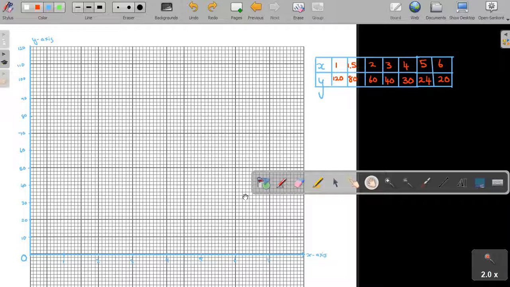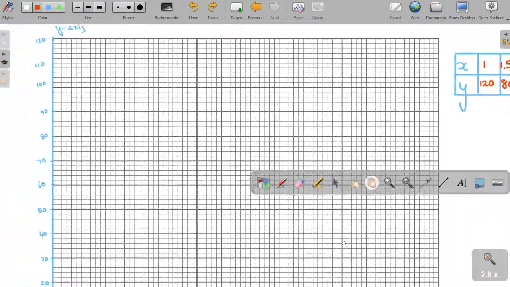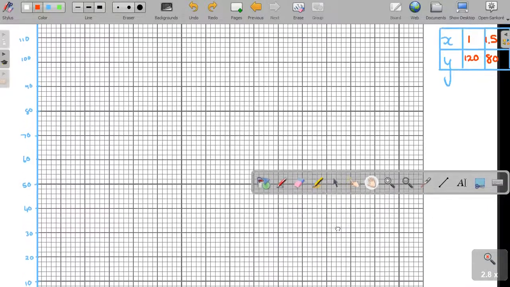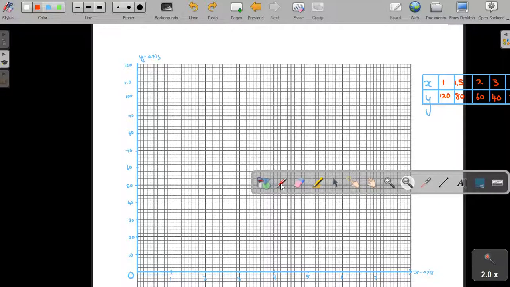So if I go and plot the points, take red, there is 1 and 120. I'm going to need to make it bigger for the plotting. So 1 and 120. And then it's 1.5 and 80.